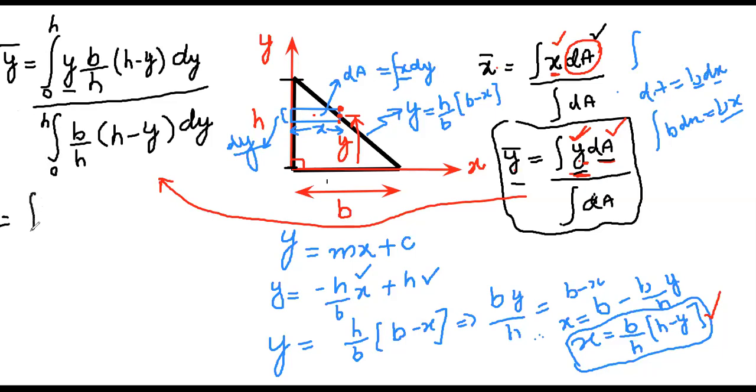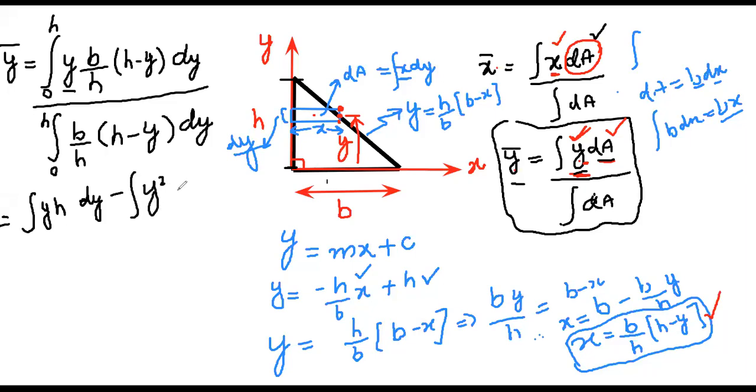So we'll have integral of y into h dy minus integral of y square dy, divided by integral of h dy minus integral of y dy.